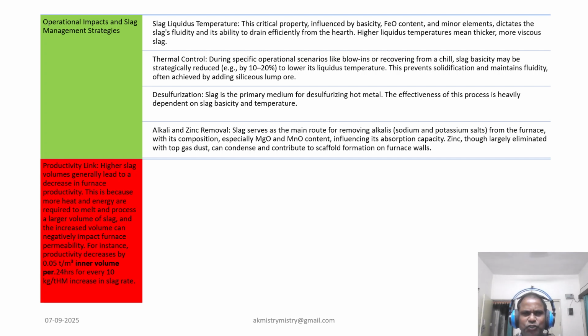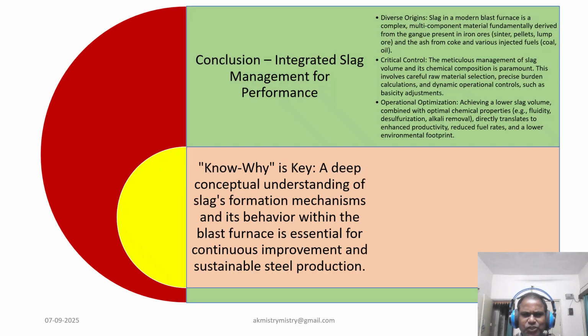We can show that more input will hamper the process very drastically, which leads to a decrease in production and productivity. And we can say that in conclusion, blast furnace slag is a complex multi-component material originating from gangue in the iron ore, sinter, pellet and lump that we have already seen, and the ash from the coke and the injected fuel like coal and oil.